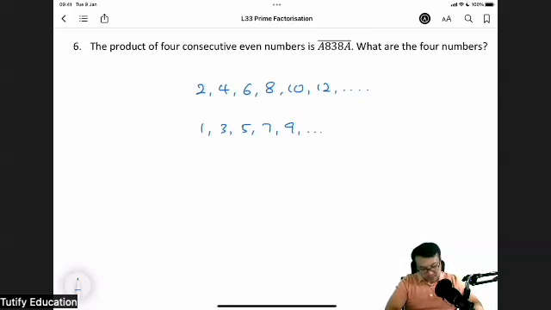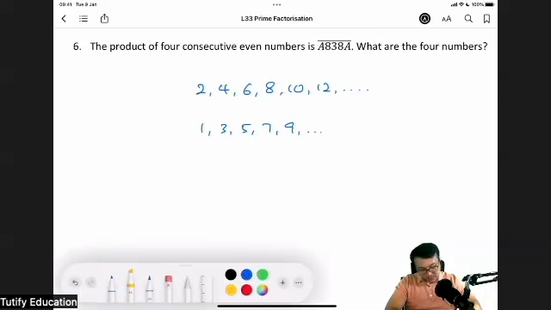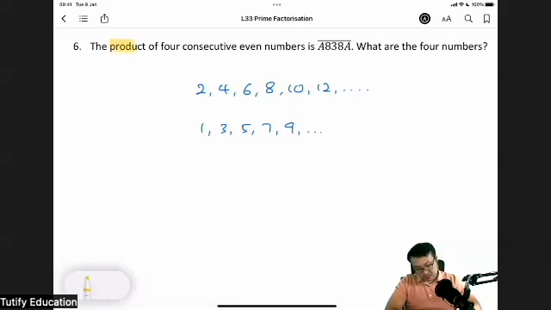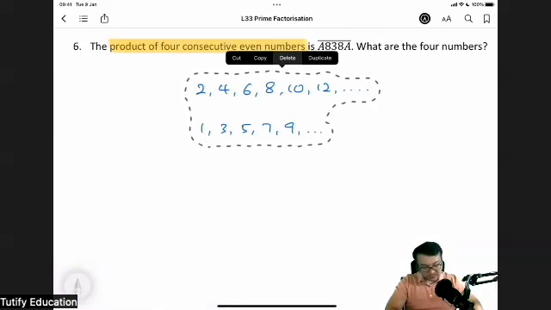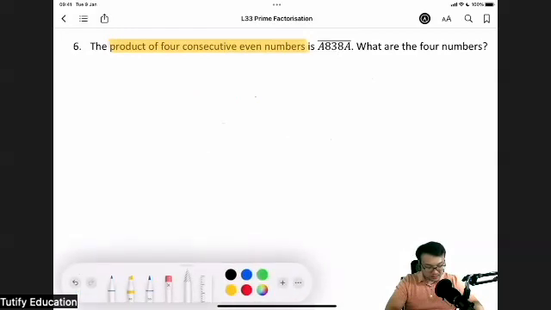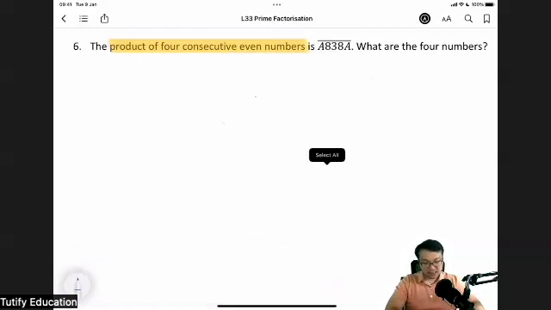So what the question is saying is that if you multiply, the product means multiply, the product of 4 consecutive even numbers is going to give you a 5-digit number, A838A. So for example, if I take these 4 consecutive even numbers and multiply them together, I'm only going to get 384.